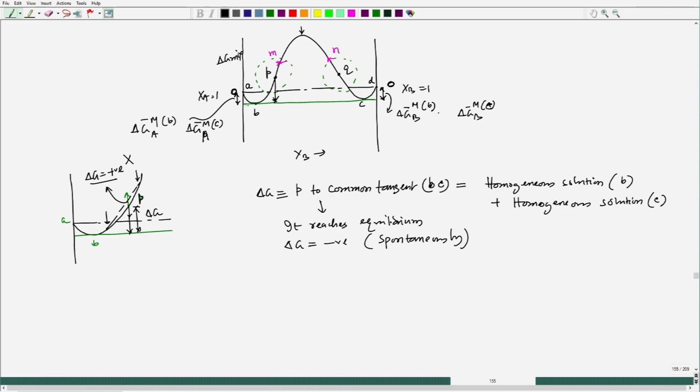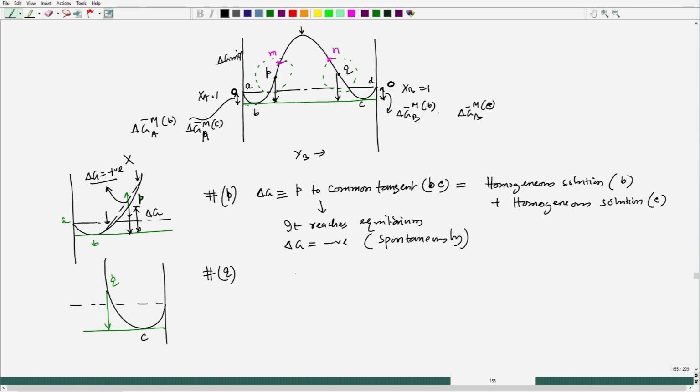Similarly, if I take Q, the same thing can be drawn. I can have a zoomed version like this. So, this is the C point and we have a common tangent, and from Q it can go down like this and reach the common tangent.